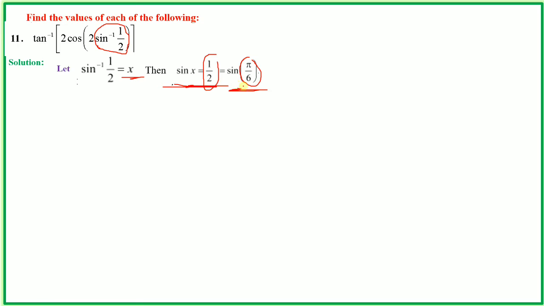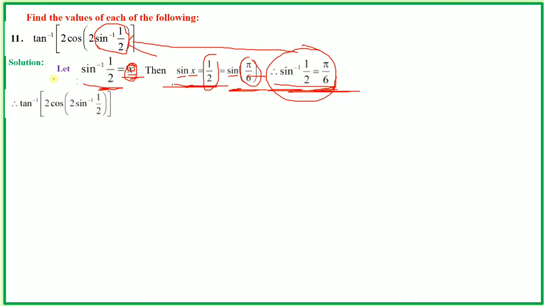So instead of 1 by 2 we can write pi by 6. Sin and sin inverse are removed, so x is equal to pi by 6. Now we put x equal to pi by 6 for sin inverse 1 by 2. Now this value we will put here.